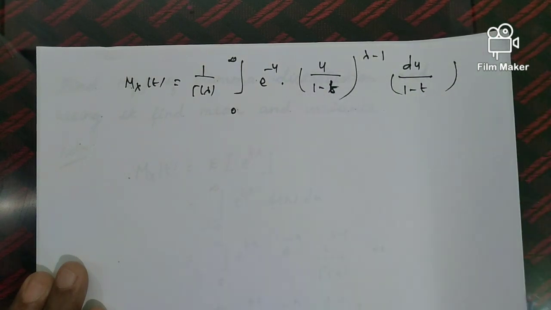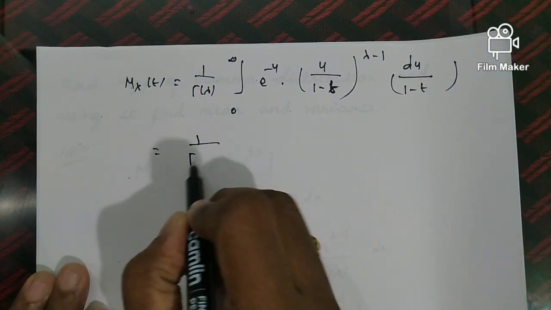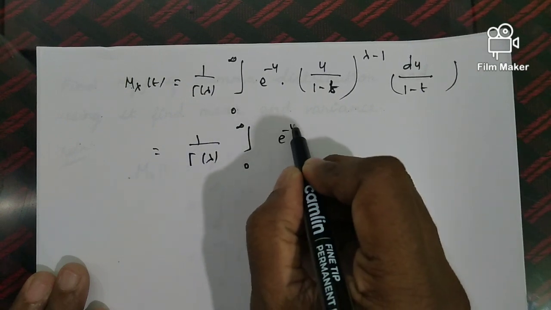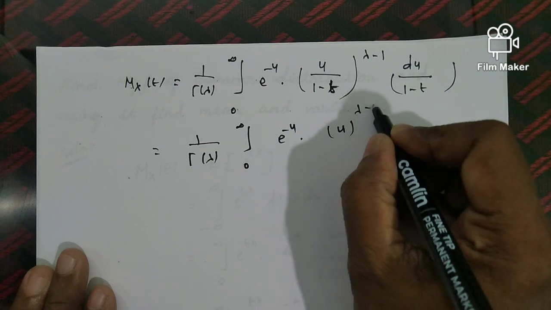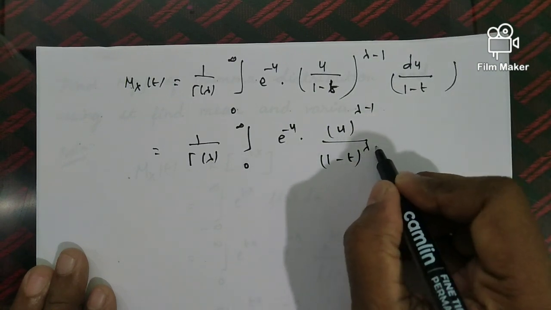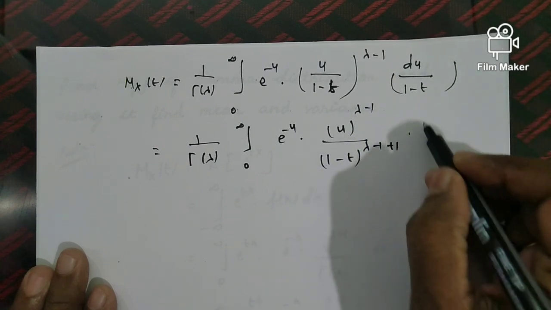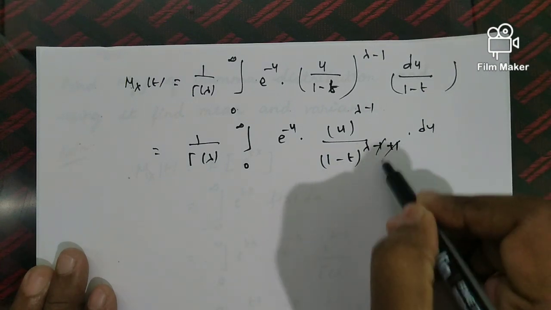So 1 by gamma of lambda integral 0 to infinity e power minus u, u power lambda minus 1 divided by 1 minus t power lambda minus 1, plus 1 here we have 1 minus t power 1, into du. So we can cancel the plus 1 and minus 1 here.